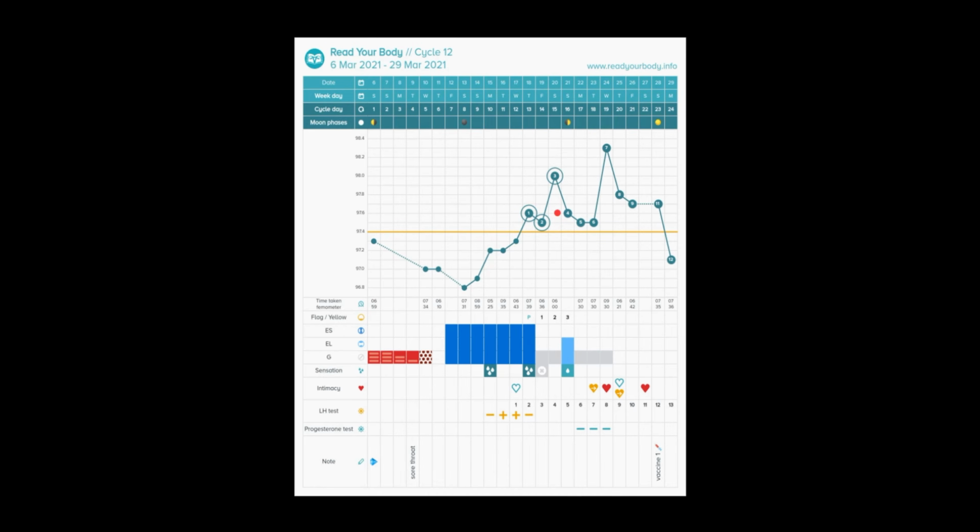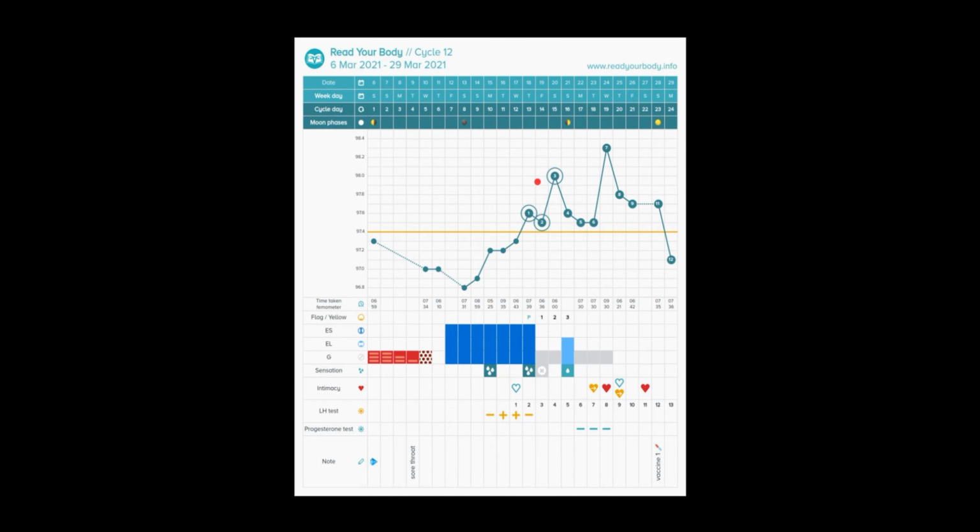And what's really important to note if you ever want to try this method as natural birth control, like I do, is that there are specific rules and criteria that you need to know in order to establish and evaluate whether this upward shift in temperatures is valid and accurate.